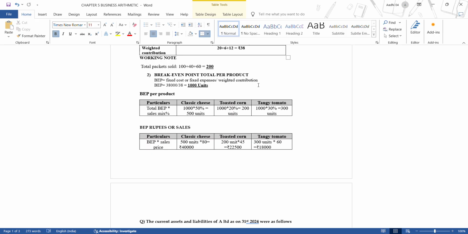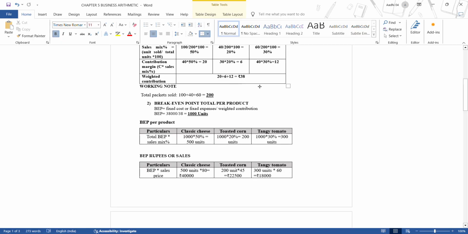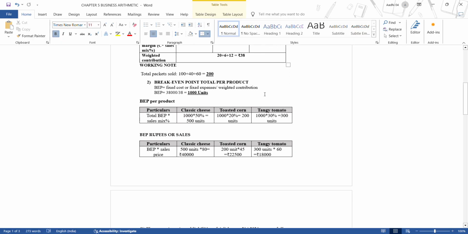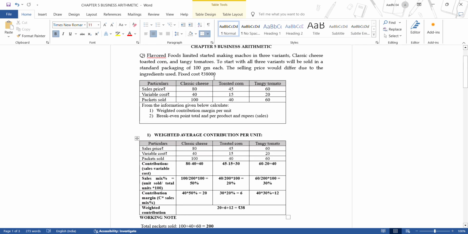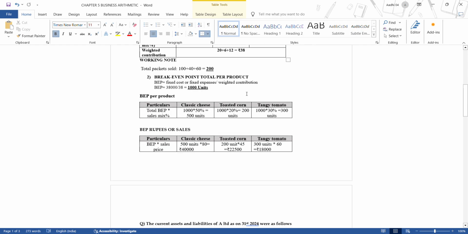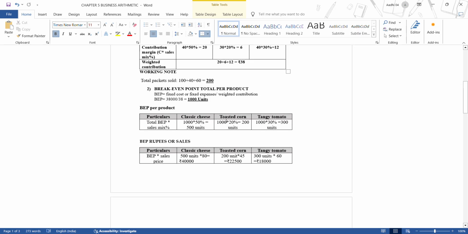Again, since we are having three products, we are using weighted contribution as denominator. So break even point is equal to fixed expenses divided by weighted contribution. We already have fixed cost in the question as 38,000. So 38,000 by weighted contribution, 20 plus 6 plus 12, that is 38. So break even point in total is 1000 units.